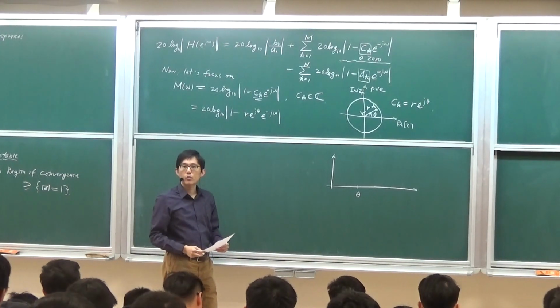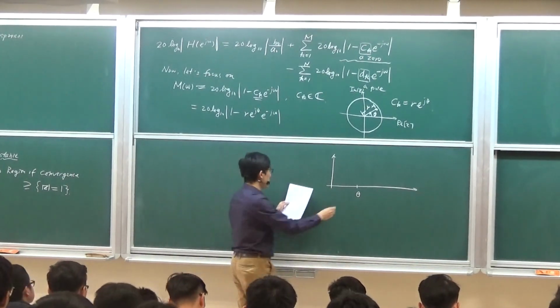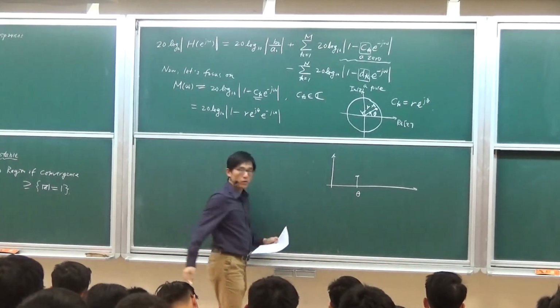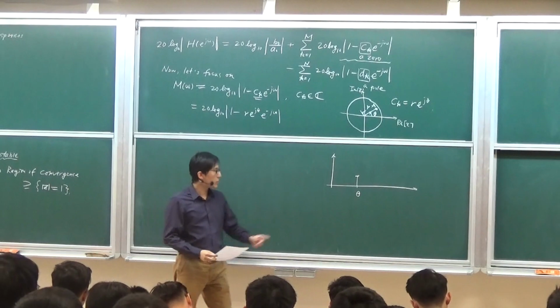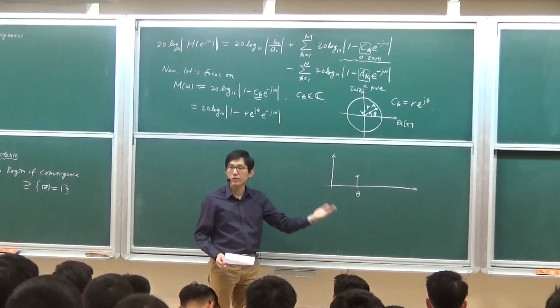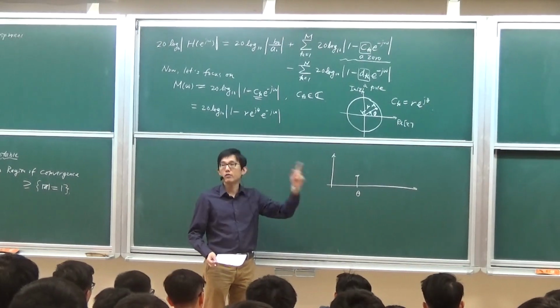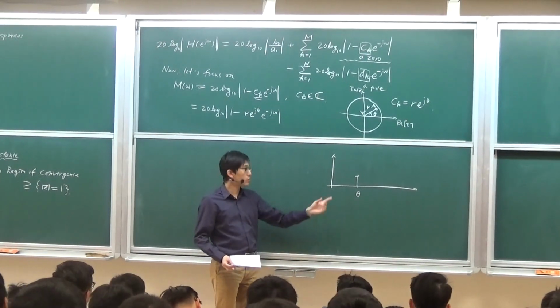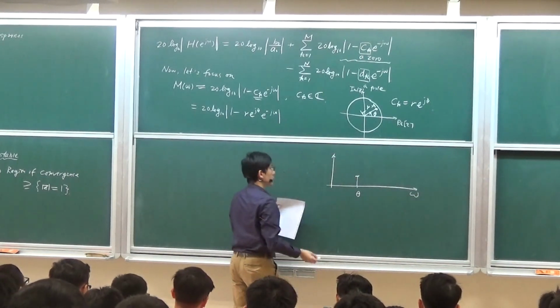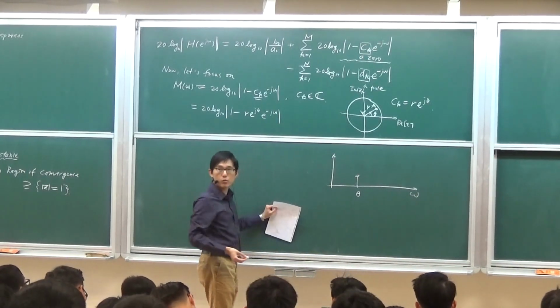The magnitude response reaches a minimum exactly at the frequency theta, and we'll show that. Now theta is actually a frequency. I said angle, but an angle around the unit circle is a frequency. So at frequency theta, the magnitude response reaches a minimum.